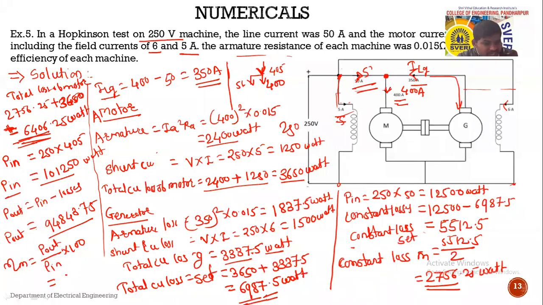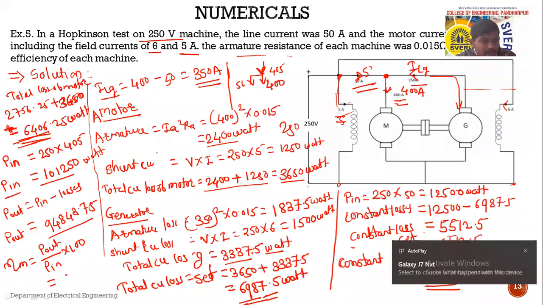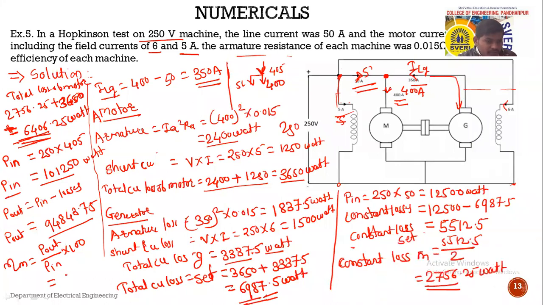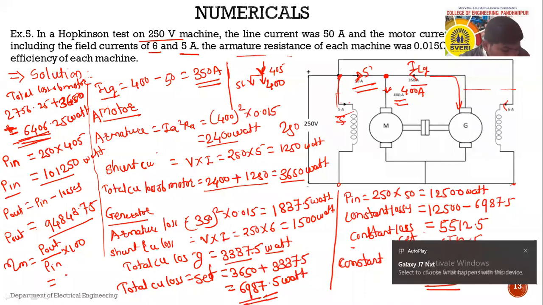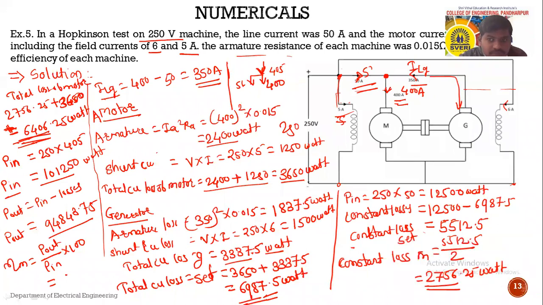P out 94843.75 and P in 101250. Output divided by input into 100. 93.67. Okay.